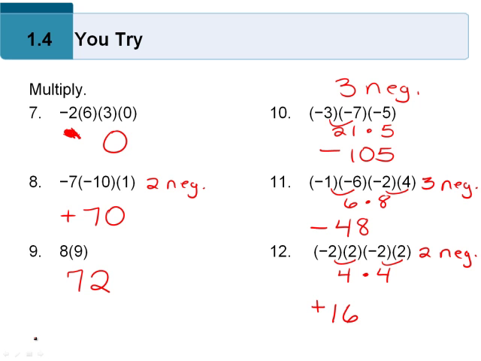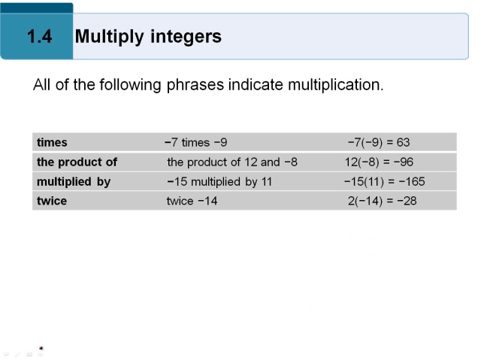So hopefully you did okay on those Try Its. Alright, so now we're going to look at some phrases that indicate multiplication. So we have negative 7 times, pretty obvious, times negative 9, we multiply. Anytime they talk about product, we've talked about that before. Product is always multiplication, the product of 12 and negative 8.